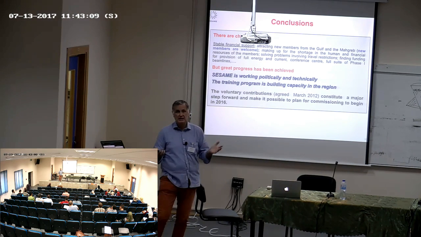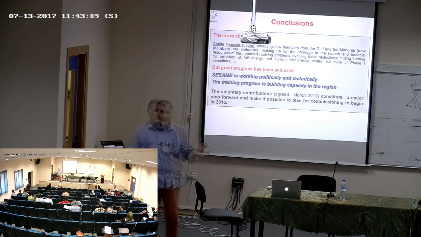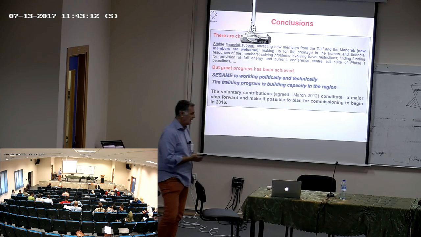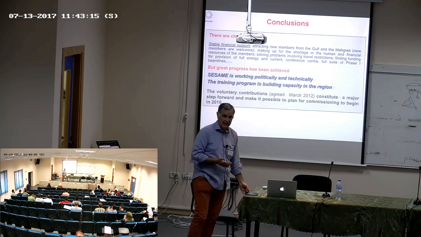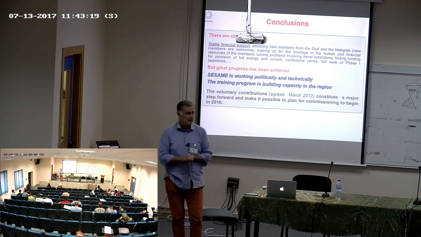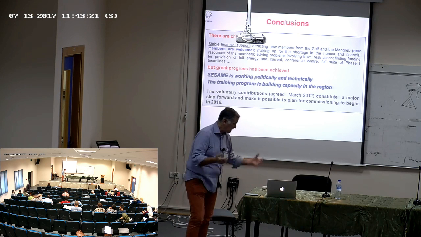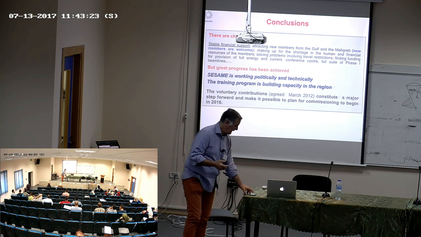Oh, by the way, I didn't mention the most important thing. The ring reached its specified energy. We circulated beams at 2.5 GeV, so that is working.